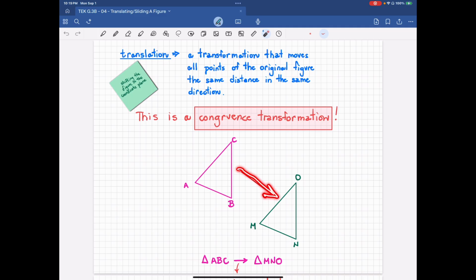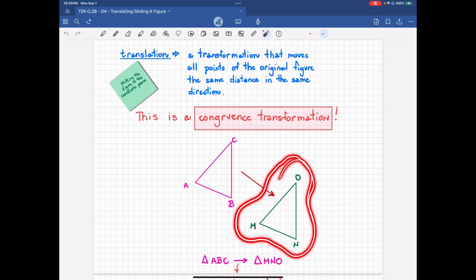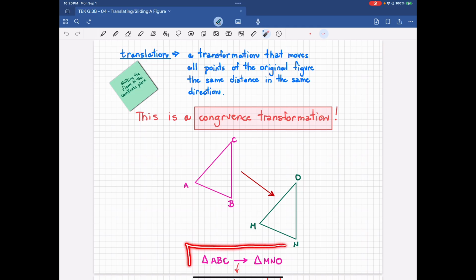The triangle now turns into triangle MNO, a transformation of triangle ABC. The way that I notate this is that I write triangle ABC is mapped onto triangle MNO. Remember, this arrow means that a transformation has occurred.